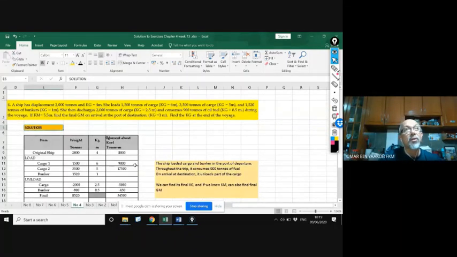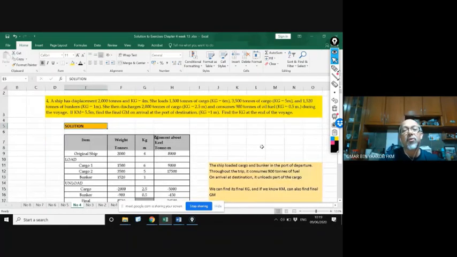Question number 4. A ship had displacement 1,000. Basically, it's just a ship that has so many things. You add here, add there, and so on. And then when it arrives at port, it loads this many cargo and bunkers, and then she discharged 2,000 tons of cargo.